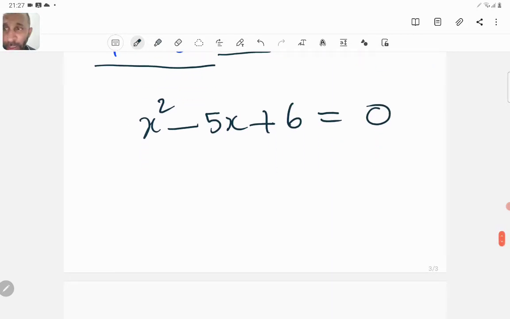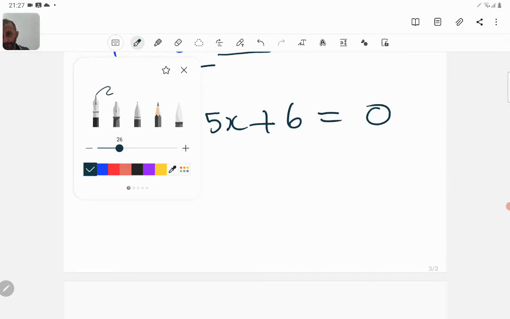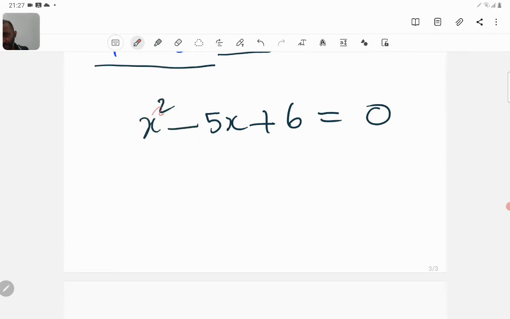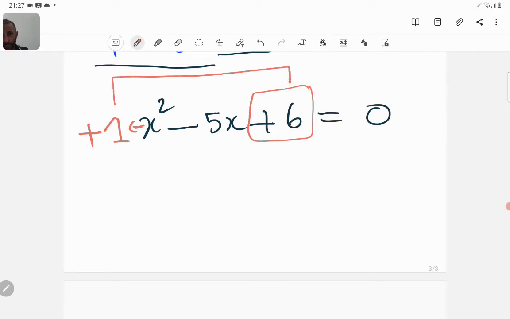Now that we have a simplified equation, we can solve the quadratic equation using different methods. But first, you need to try whether we can use factoring. In front of x² we have 1, and then we have 6 here. So you multiply these two, and the answer is 6.